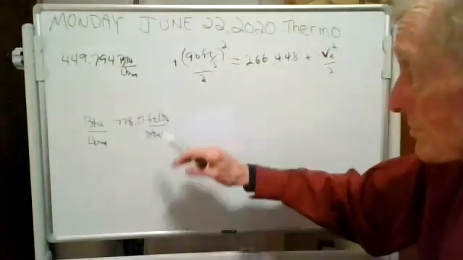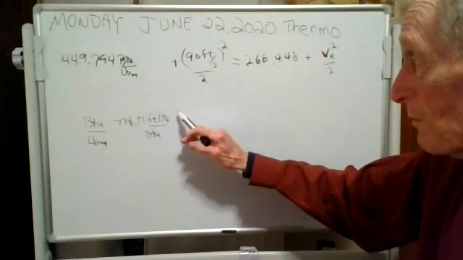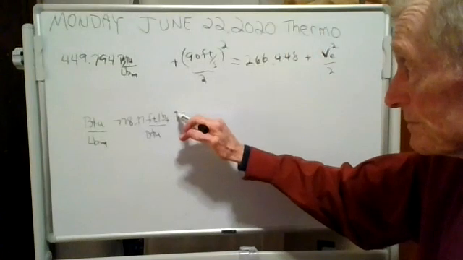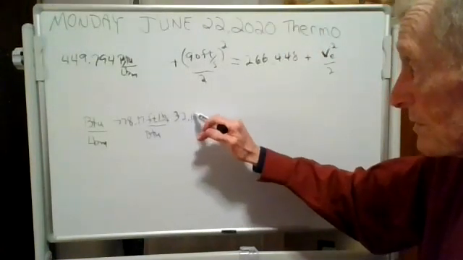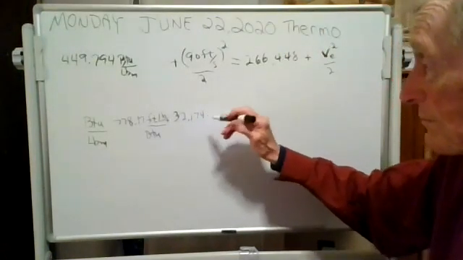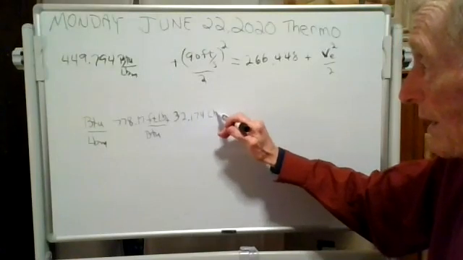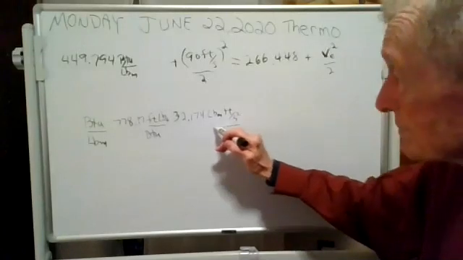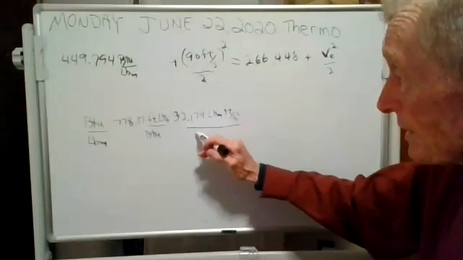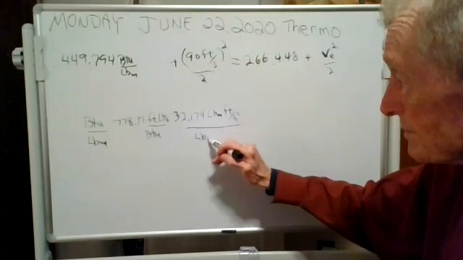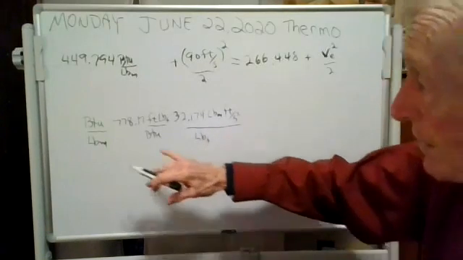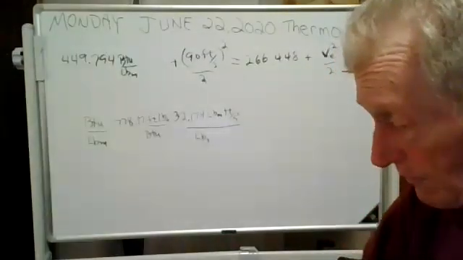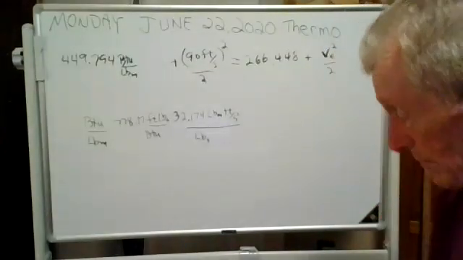And then what I'm going to do is I'm going to multiply this by 32.174 pound mass feet per second squared is equal to a pound force. You'll find this number in the back of the tables. I could give you the table number if you wanted.